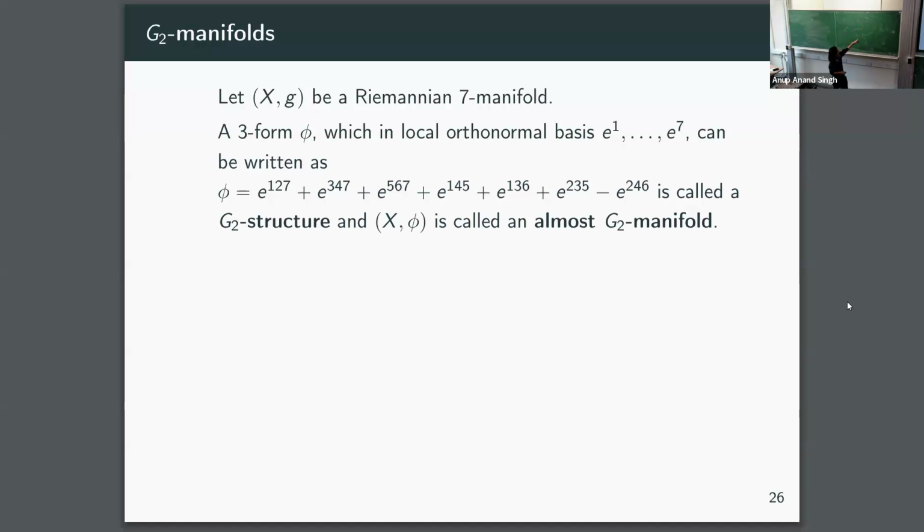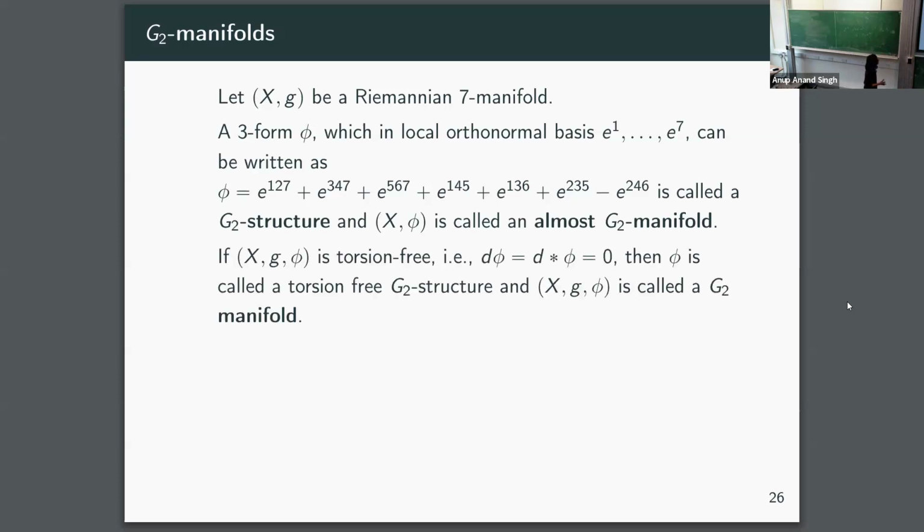So you can clearly see C127 is 1, whereas C126 should be 0. And there's a reason for me writing ijk: those are precisely the octonionic structure constants that I talked about before. And we'll call this phi the G2 structure.